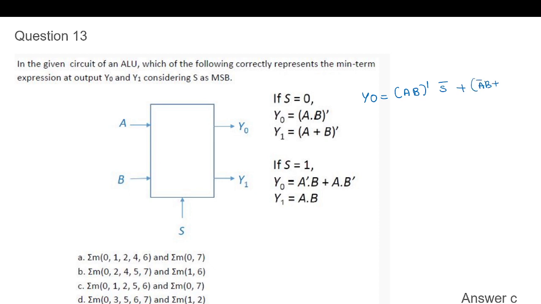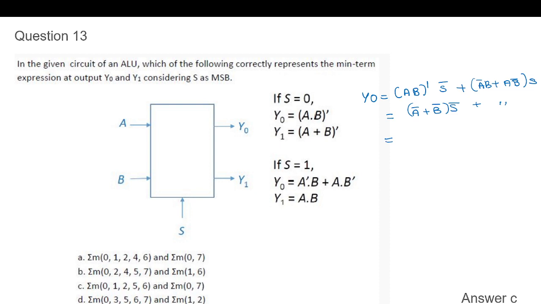A'B plus AB' and S. So we can take the S inside. So it is (A' plus B') breaking the bar, and this I will keep.